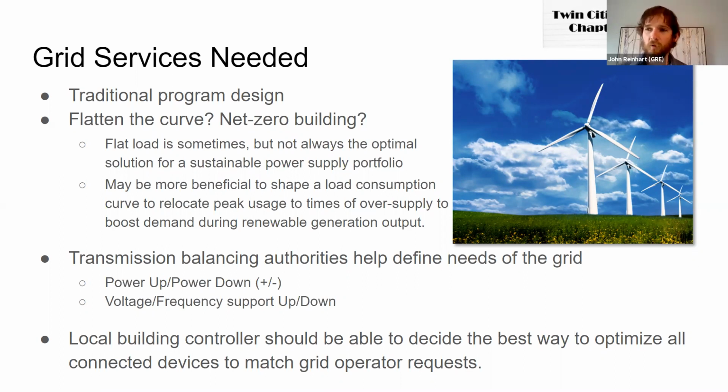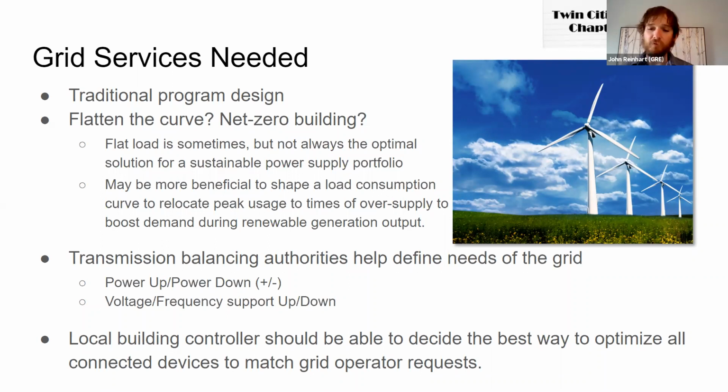And there are organized wholesale markets that would provide an economic incentive to have a building react to those kinds of things. We cannot possibly micromanage all those different loads that are providing those services. So again, we might see that building as really just one resource, and we would ask it to provide some services.